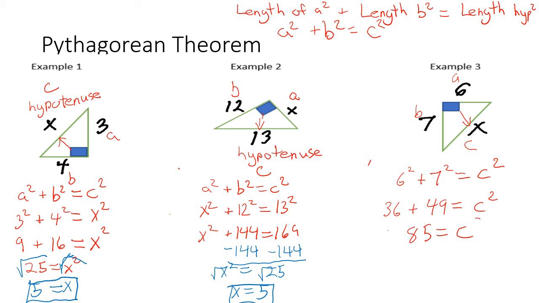Now, the reason why this is so different is because if you go ahead and take the square root of both sides, and I've been calling this C, you can leave it a C or you can call it X if you prefer, but you'll find that the square root of 85 is not a clear-cut answer.